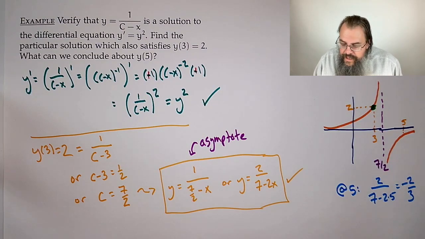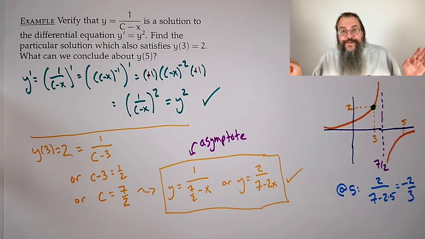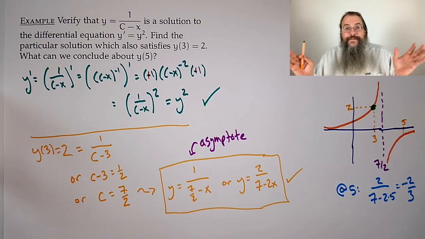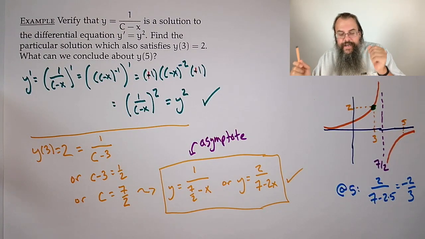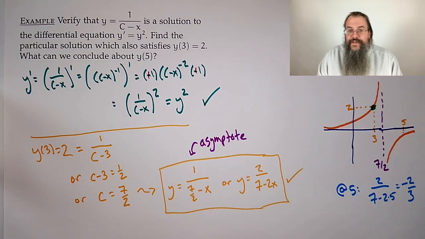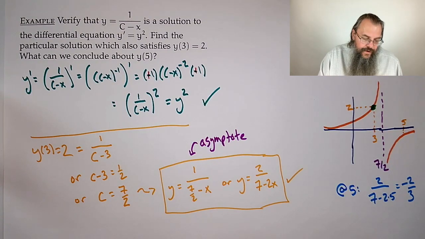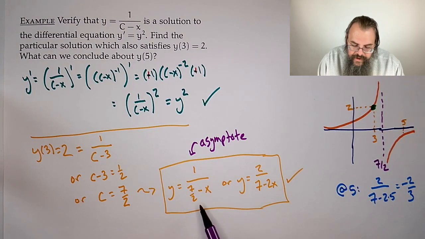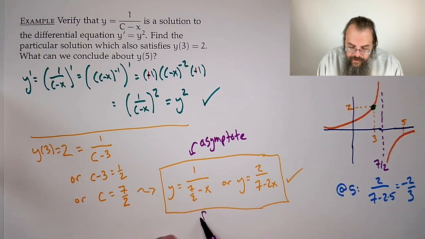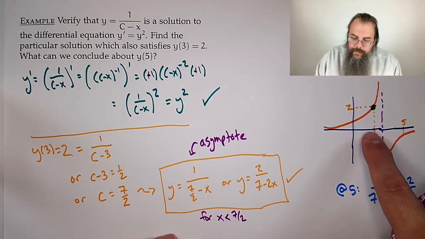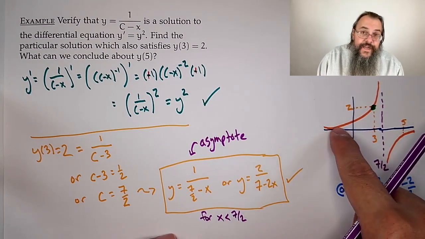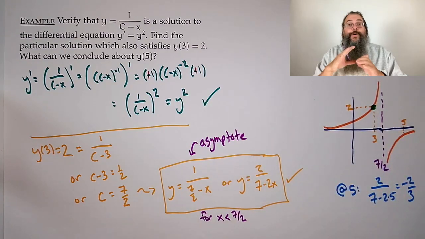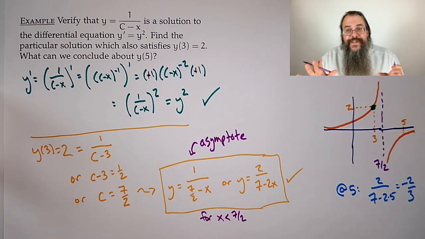So we cannot make any conclusions about y of 5 in terms of the differential equation because y is the solution to the differential equation. And so what we really should mark down here is to say, look, this is our solution for x below 7/2. So if we'd asked what happens at 0, what happens at -2, what happens at -100, we can answer those questions.